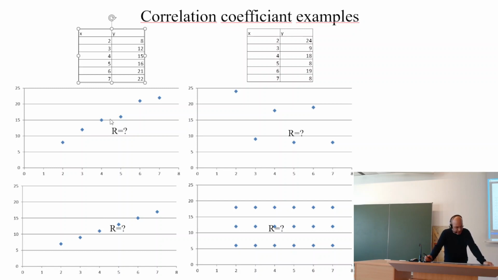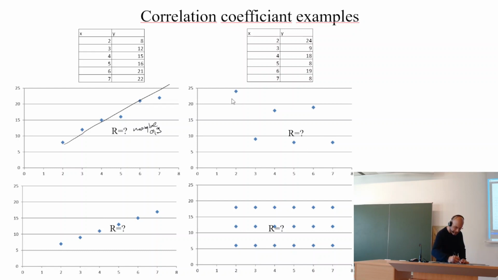Some of you have already seen these numbers. In this case, maybe this would be our regression line, so we would expect some R in the neighborhood of 1. Maybe it could be something like 0.9.